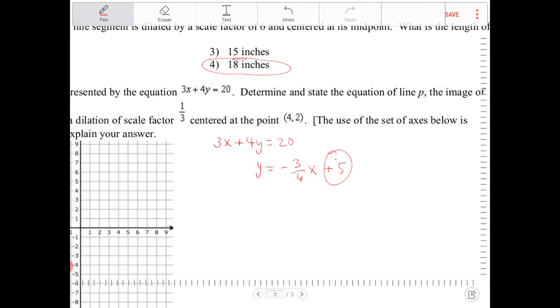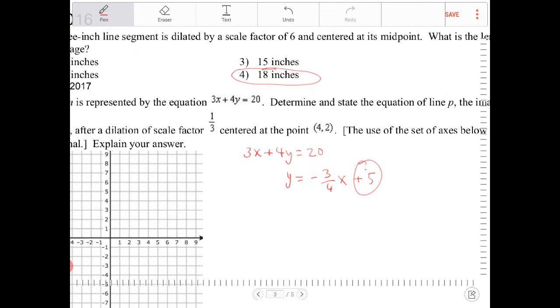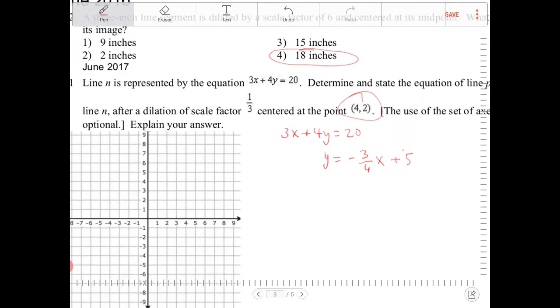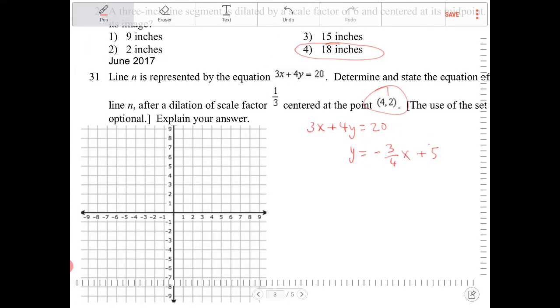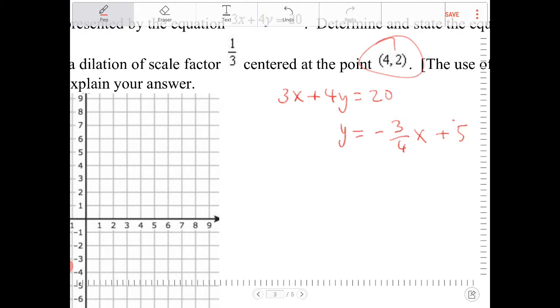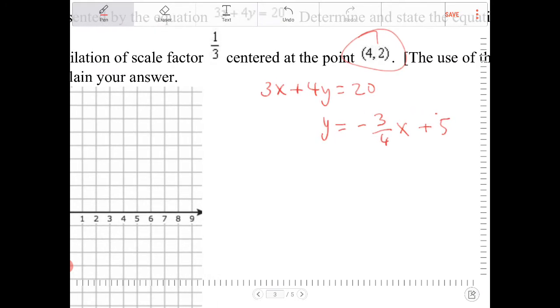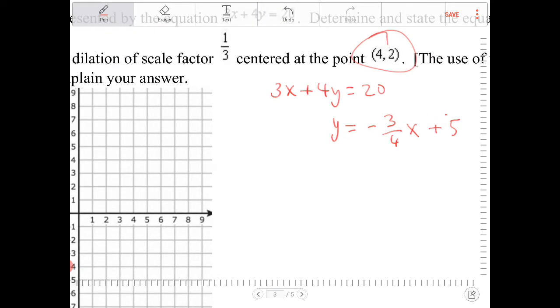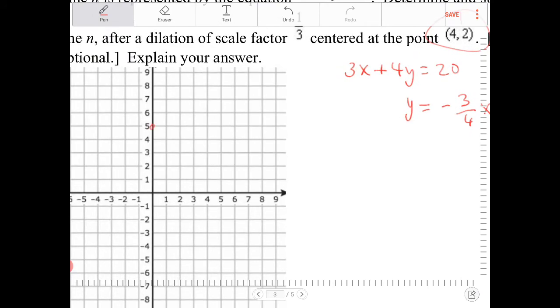Where does it say that? Oh, it's not being dilated over the origin. What am I doing? Okay, so it's being dilated over the point, centered at the point 4, 2. So I'm going to plot this thing, because the rule that I gave you is slightly different here. We do need to plot this out. So 5 is right here.